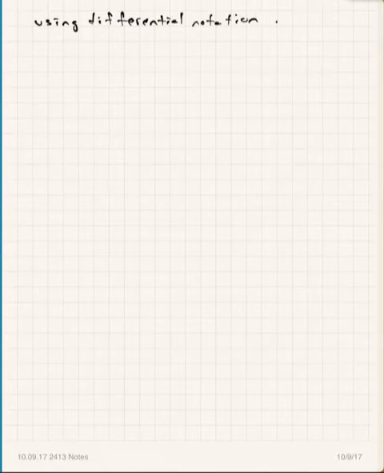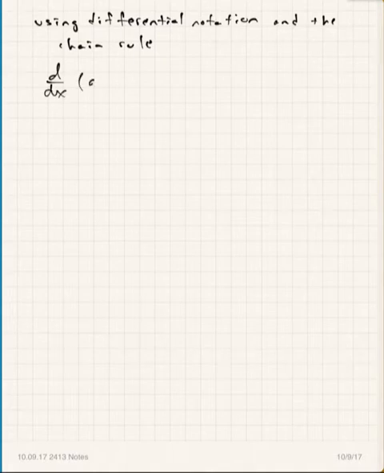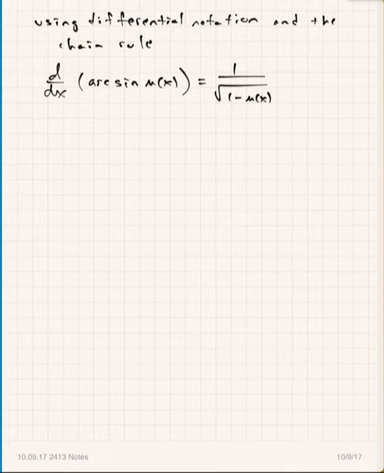We have the statement that the derivative with respect to x of the arcsine of u of x, in other words, you're taking the derivative of the arcsine of some function of x, combining the rule that we just derived on the last page and the chain rule, would be 1 over the square root of 1 minus u of x quantity squared, times the derivative of u with respect to x, like that. That would be the derivative.